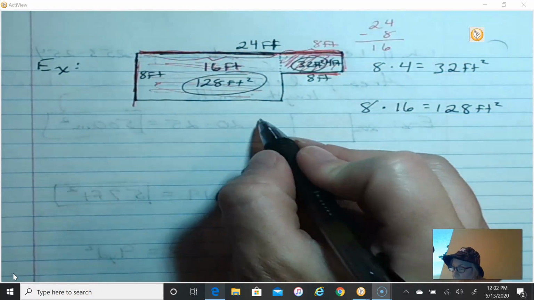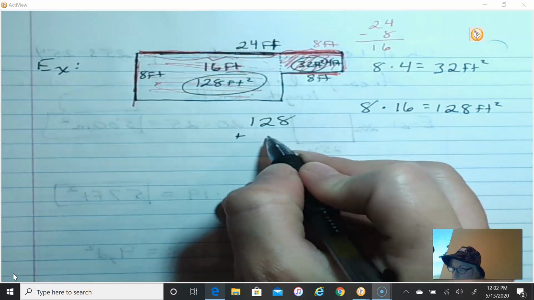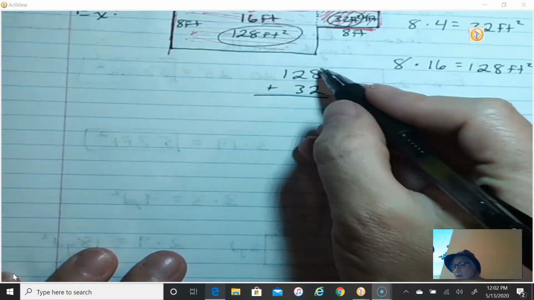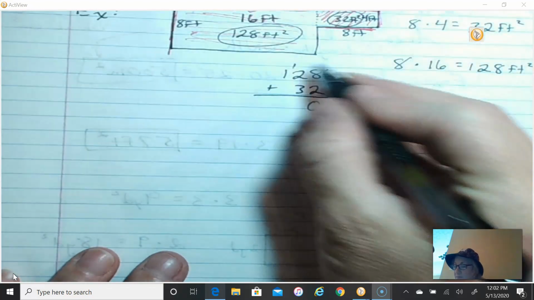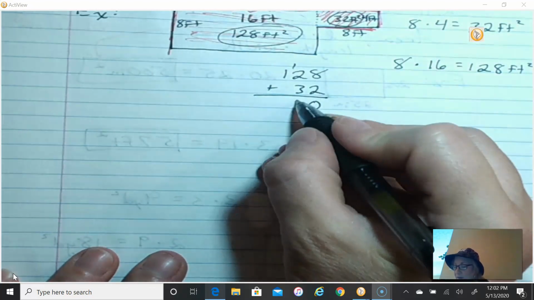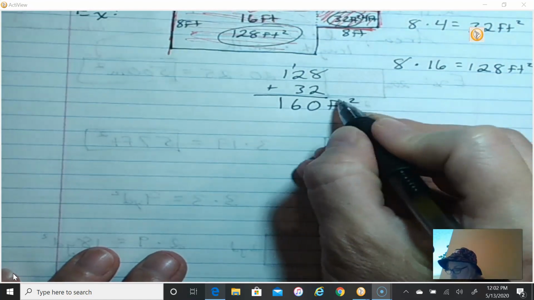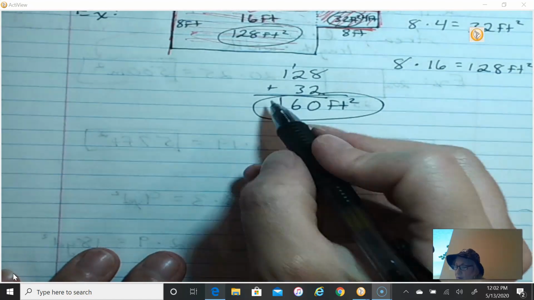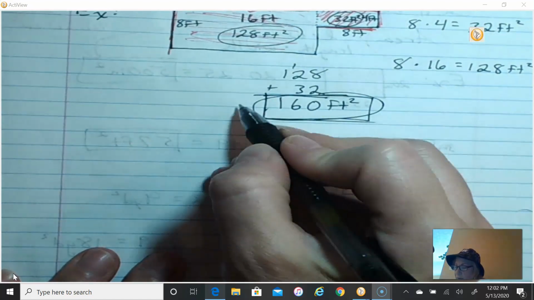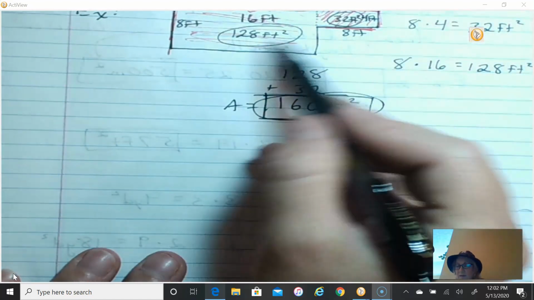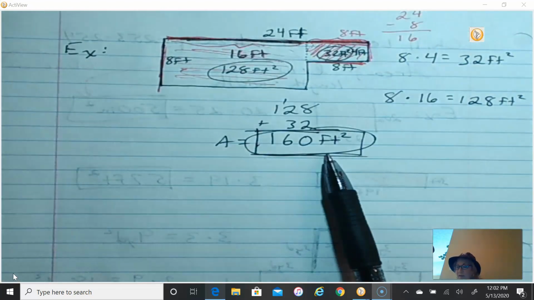So now we add it. 128 plus 32. 8 and 2 is 10. 3, 4, 5, 6. And 1, and yes, I got it correct. So the whole thing, or I was supposed to box that. The area of this figure, this whole figure, is 160 feet.